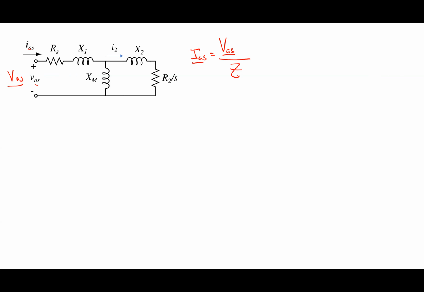If I wanted to get to I2, what's the easiest way? A current divider is the simplest way to get to it. I'm not going to go through all that; you should be able to figure it out. In doing it like this, I plugged in that S equals 0.015, and I get R2 over S. I find it easiest to define that as a variable.